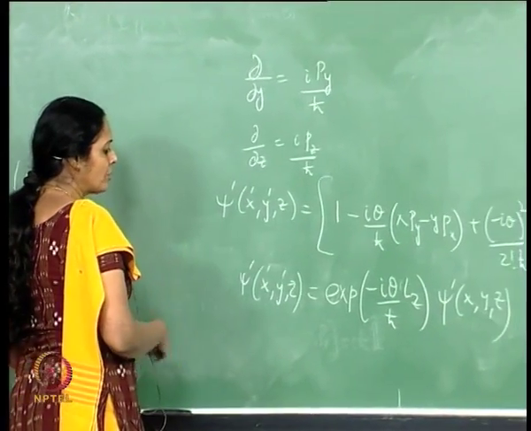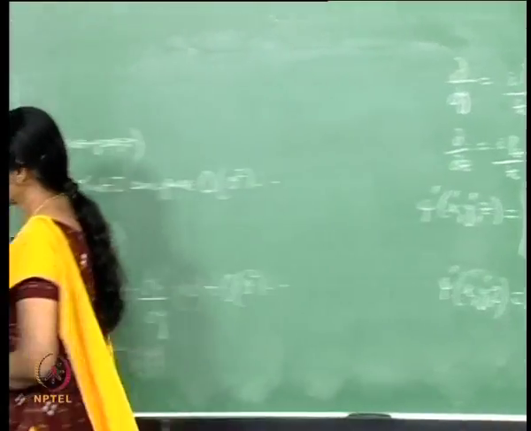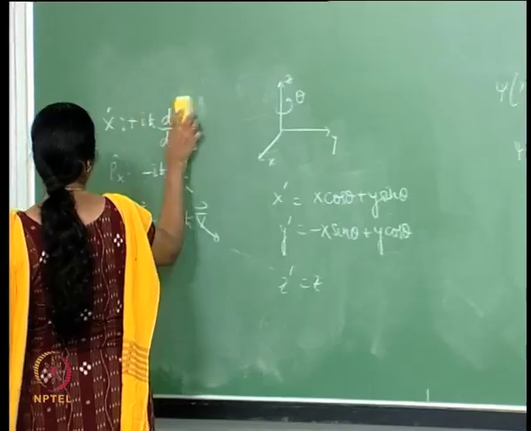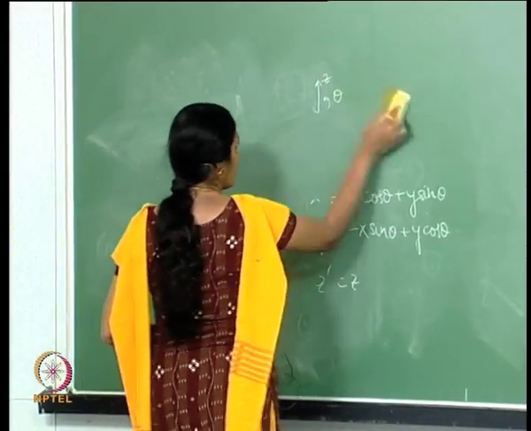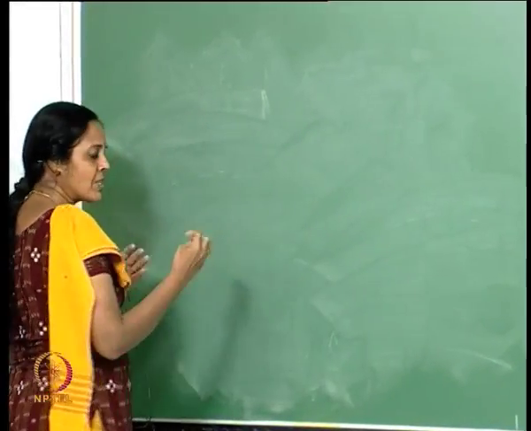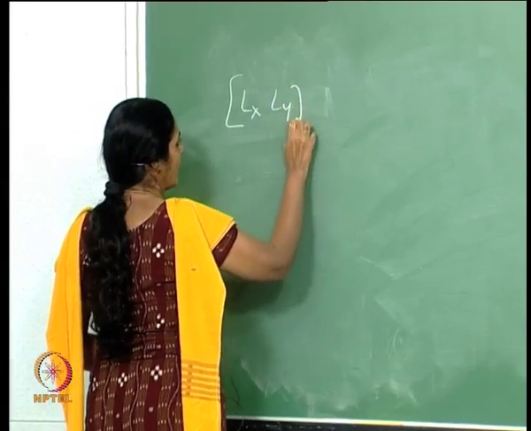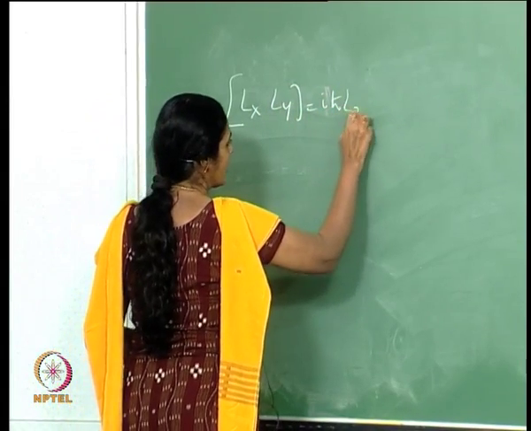Simply in analogy with what I had said earlier about the spin matrices, Lx, Ly and Lz are the generators of an SU2 transformation, but this time in physical space, and the commutator Lx, Ly is i h cross Lz, cyclic.